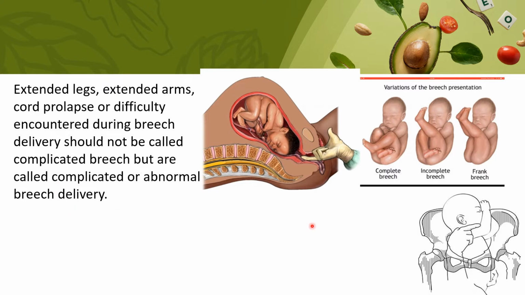It means that if the mother has frank breech or extended arm, cord prolapse, or any difficulty when conducting breech delivery through the vagina, that is not that complicated, but it is a complicated or abnormal breech delivery. Clear? Next.